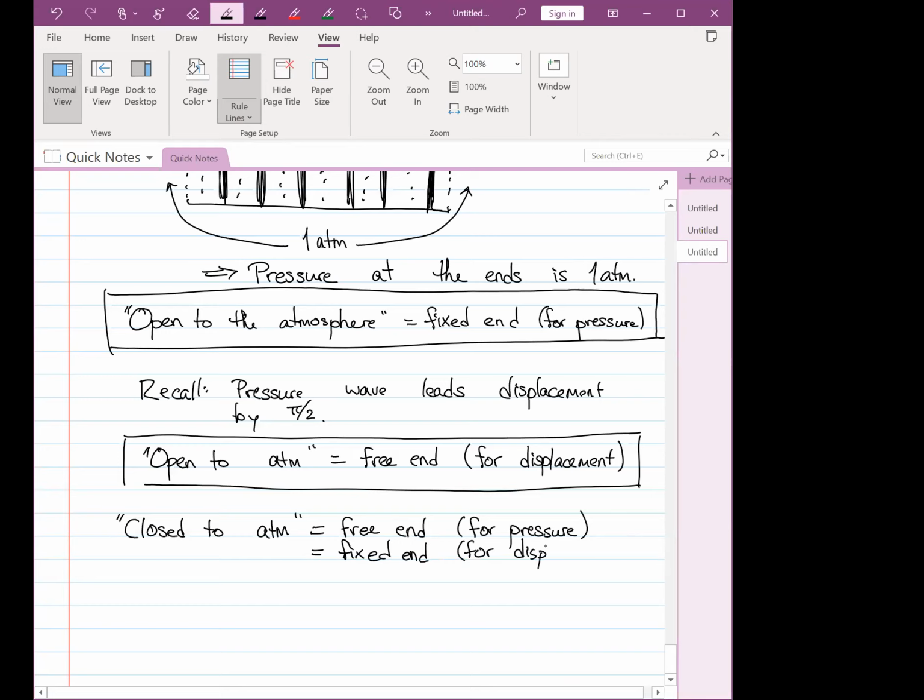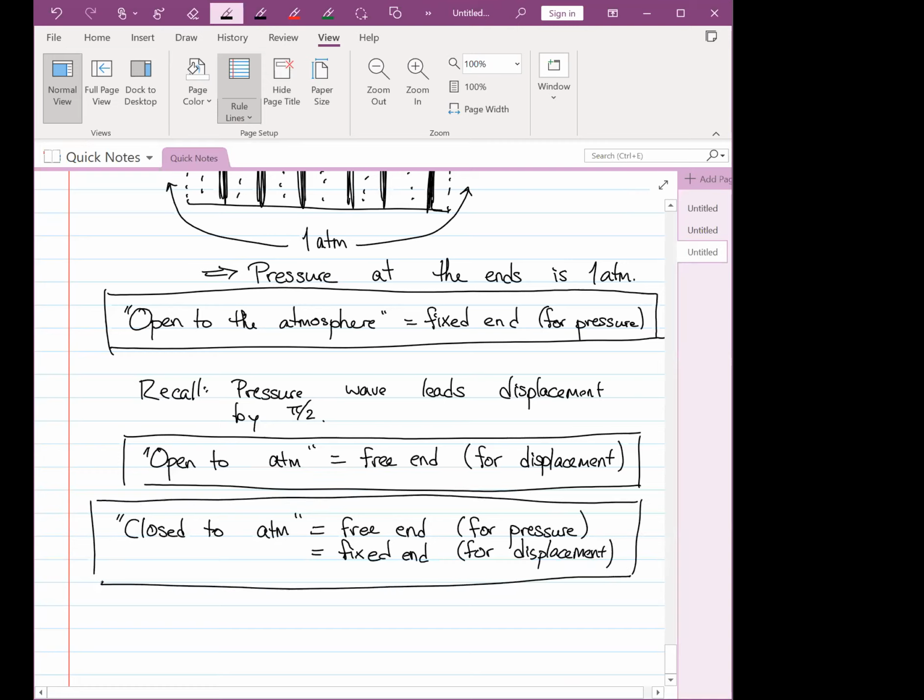And this is just to say that free or fixed end doesn't actually mean anything physically, right? It just matters how you view the wave. What does matter is whether you have two of the same type or two of different types. We saw that if you have two free ends or two fixed ends for a standing wave, you get the same frequencies inside the cavity.